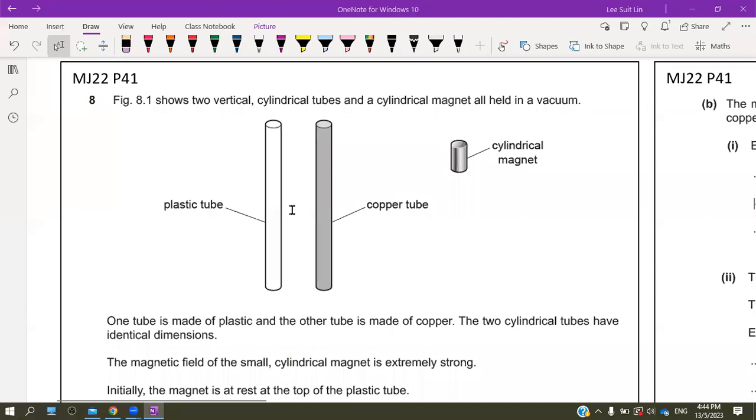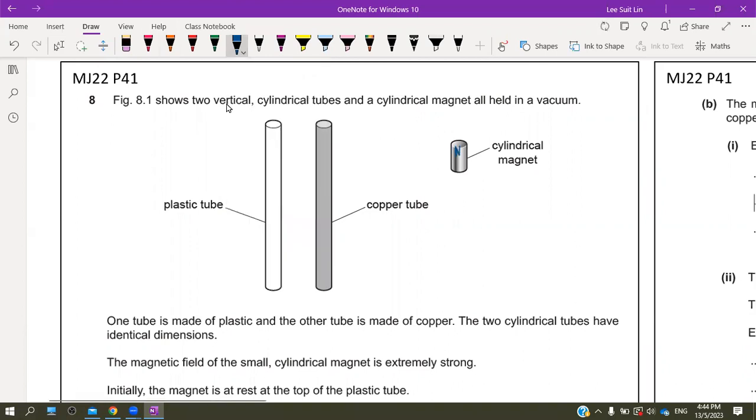The recording that I'm about to show you will show an example of how, when I put a magnet, a tiny magnet, inside a copper tube, I let the magnet drop. Then I put it inside a plastic tube and let it drop. Before I let you see the video, since we have learned so much about induction already, you know that this is a magnet, and let's say this is north pole and this is south pole.